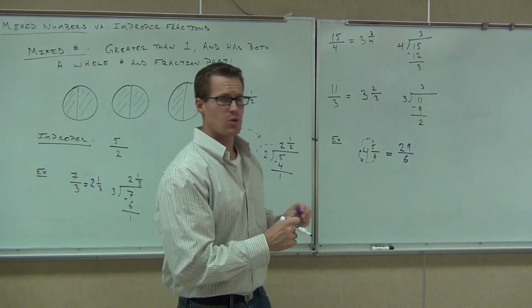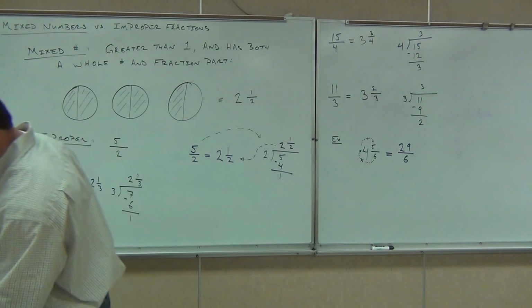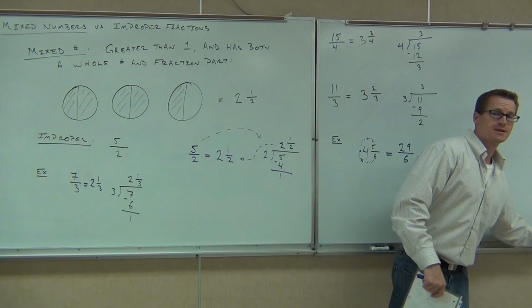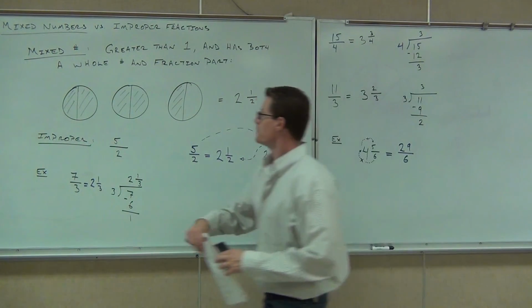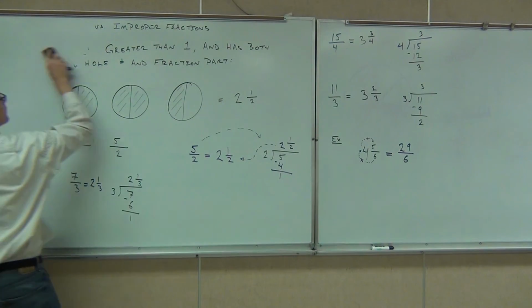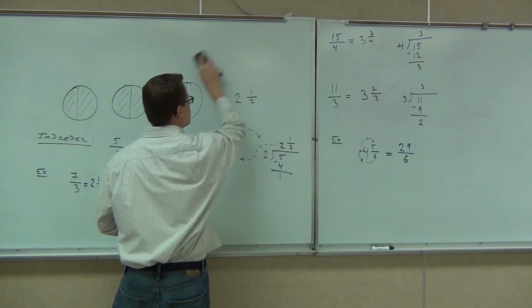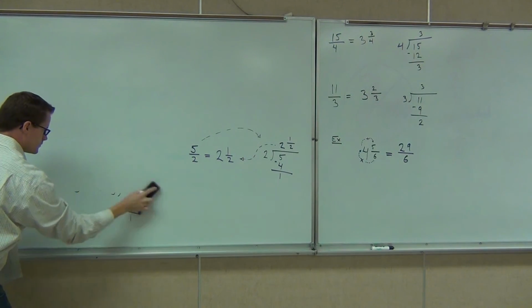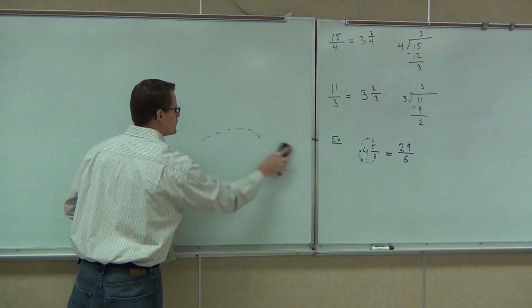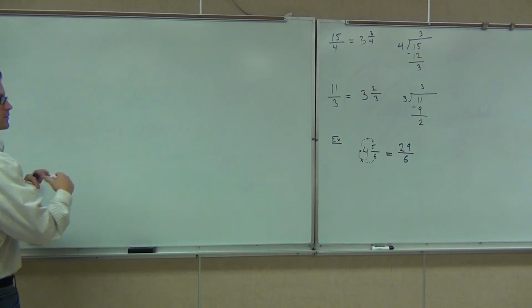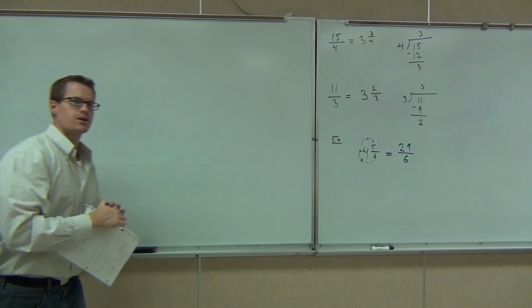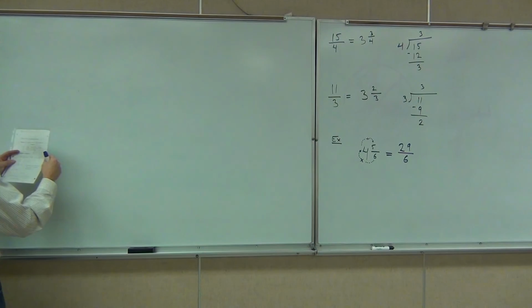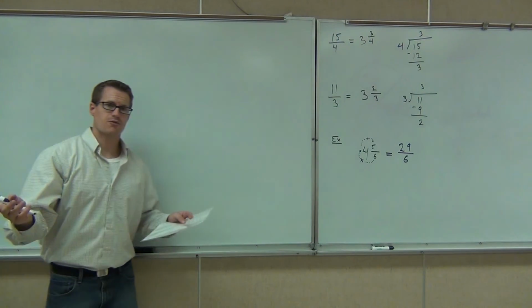Okay, at this point, I'm going to give you something to do on your own. If I give you a mixed number, I want you to change it to improper. If I give you an improper, I want you to change it to a mixed number. 15 over 4 is considered improper, yes. Improper doesn't mean it's wrong. We still write fractions like that all the time.